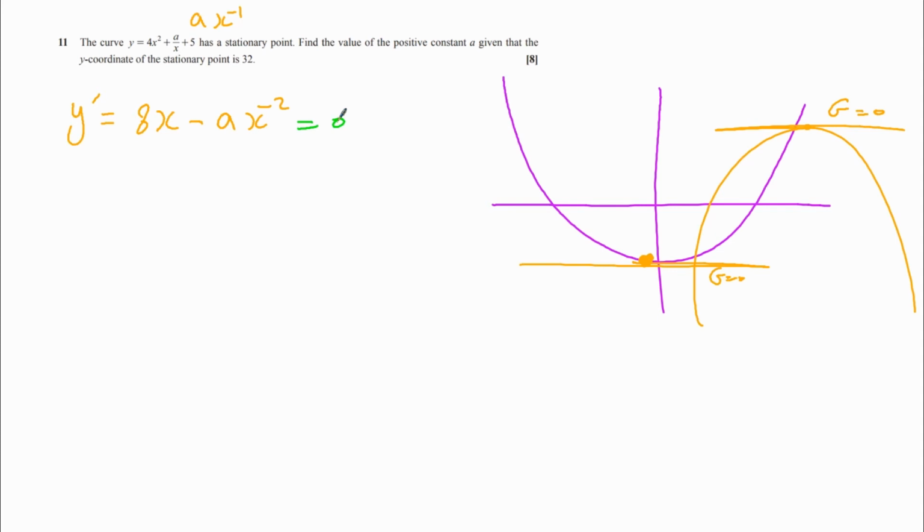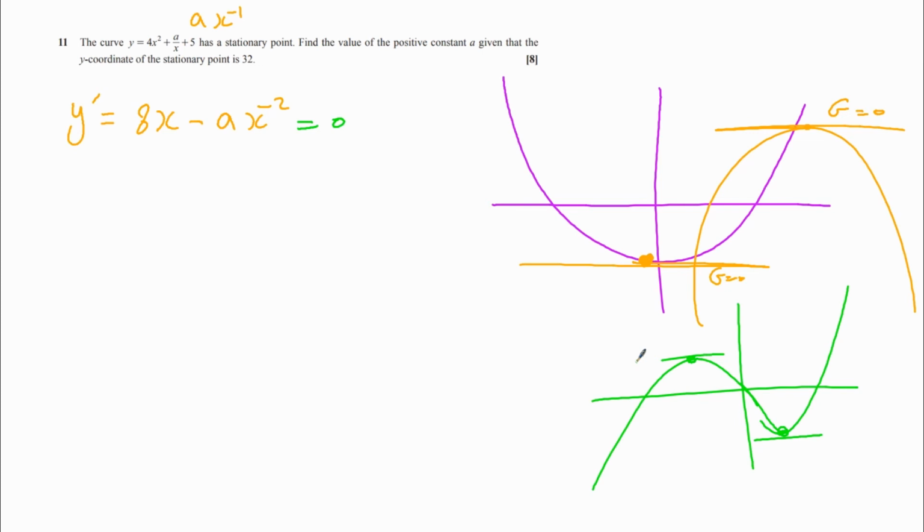I drew this as a quadratic in this figure just to show the concept of stationary points, but the functions could be in other forms, and we could have one stationary point here.